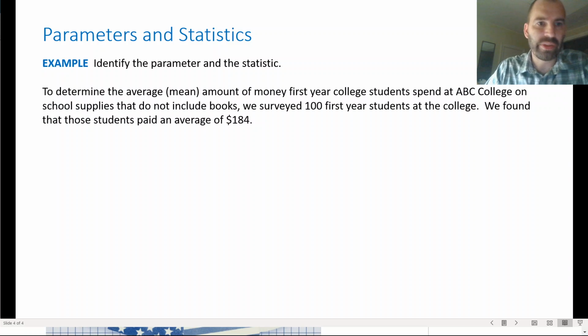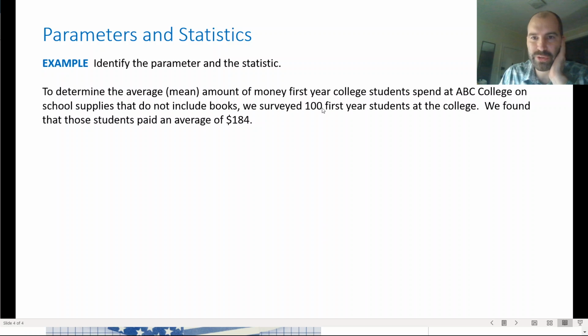Here's an example. Let's identify the parameter and the statistic. It says, to determine the average, the mean, amount of money first-year college students spend at ABC College on school supplies that do not include books, we surveyed 100 first-year students at the college. We found that those students paid an average of $184. What is the statistic? Let's see what the sample was.